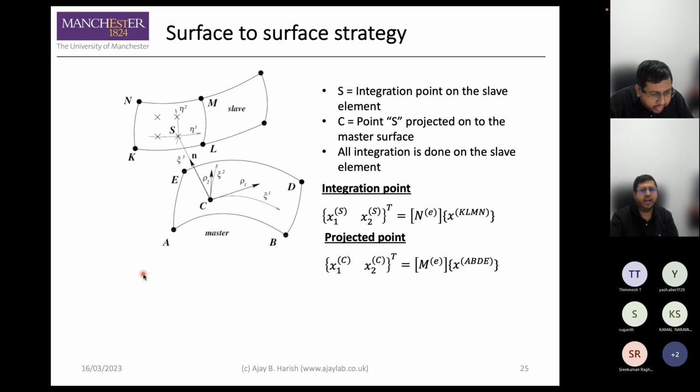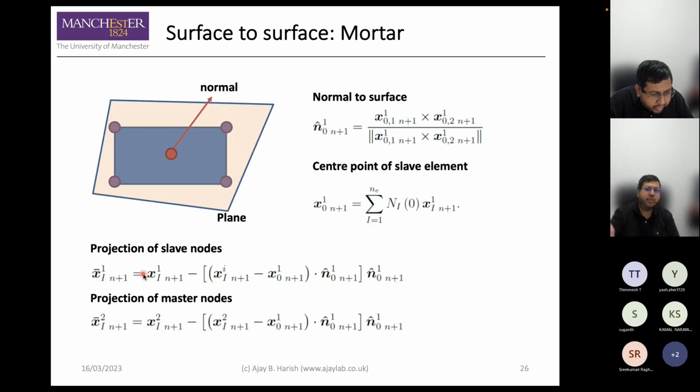So it's again a surface to surface strategy, where you can also take each integration point from your slave surface and project it to the master surface, and then look at the intersection between these points. So there's also integration point to surface in a way. This is what we do with a mortar surface.